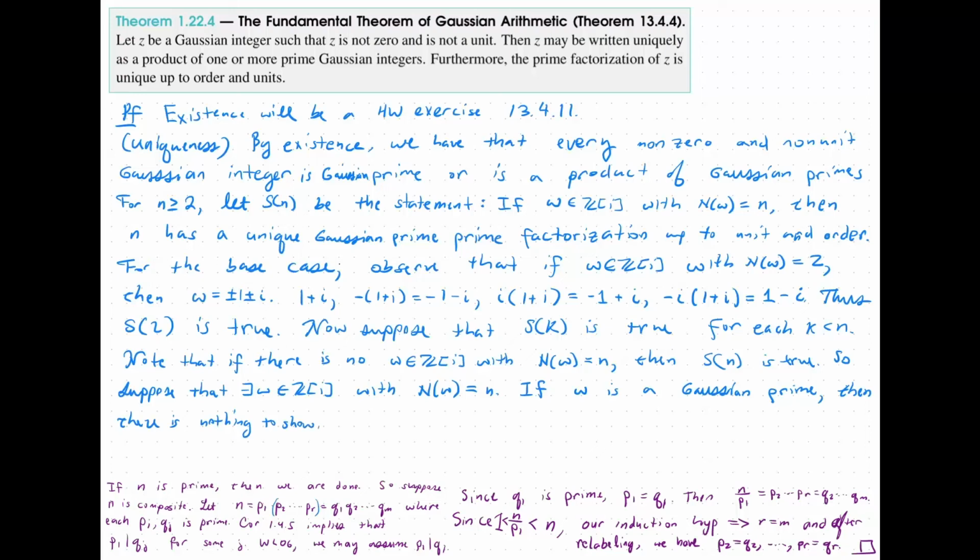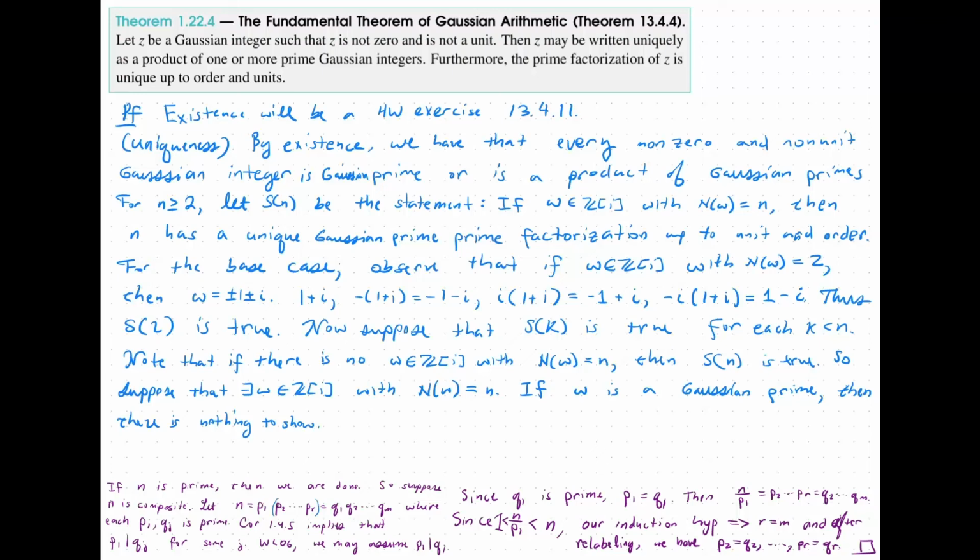And so technically, what I am taking into account here is that if W is a Gaussian prime, by taking norms, any factorization of W will have to be of the form U times W for some unit U. And so it's going to be unique up to unit in this case. And so that's what I'm taking into account here.